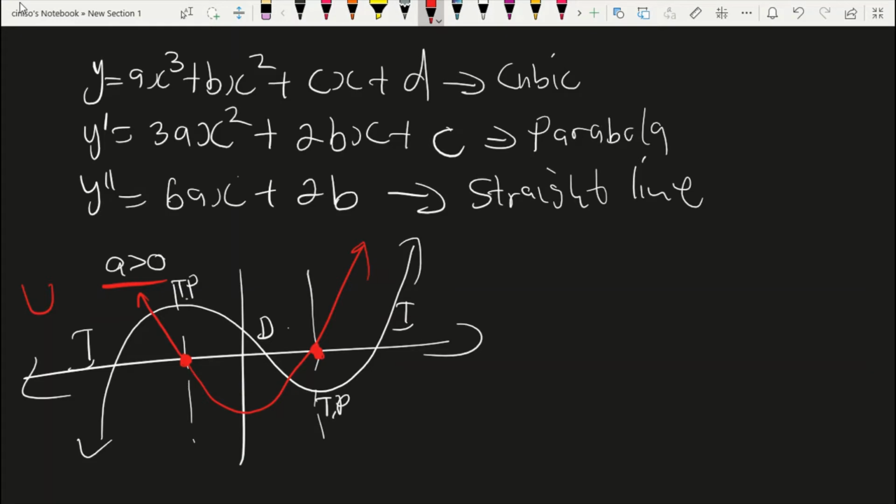The second derivative of a cubic function will give you a straight line, which is going to be vertical like this, giving you the x value of the turning point of the parabola.